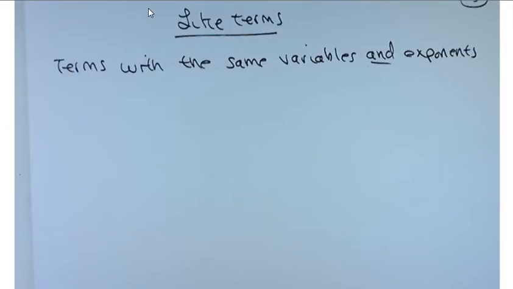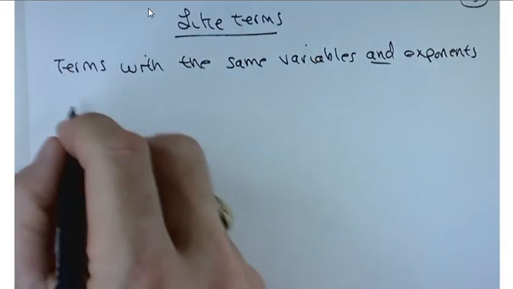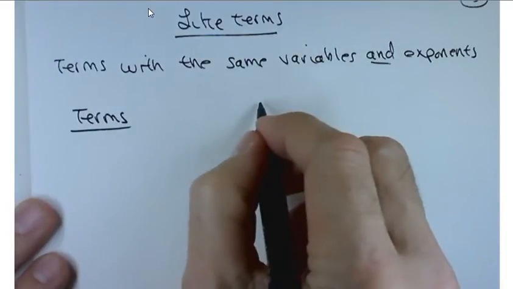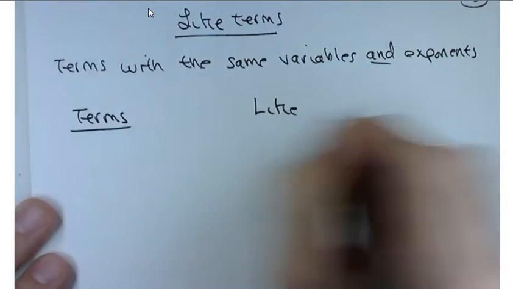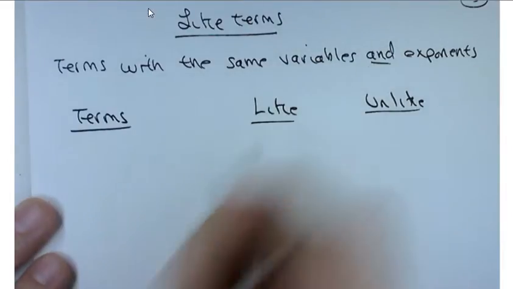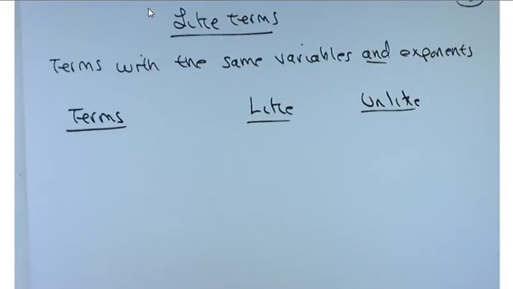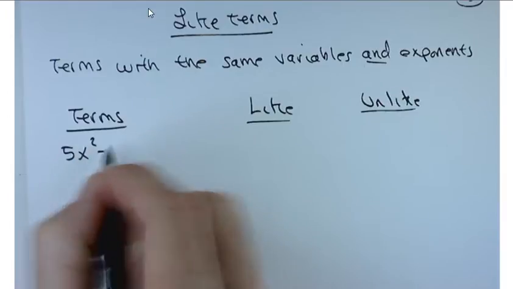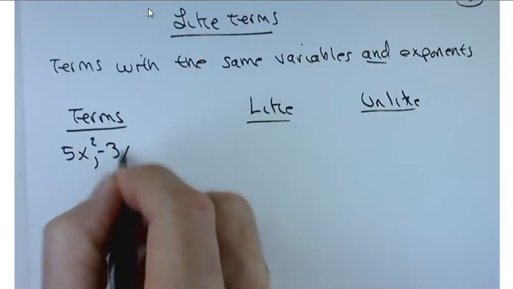And let me just give you a few examples. The goal is to determine whether or not they're like or unlike. Now, in all this, what matters is the variable part. The coefficient part, which is the number out in front, doesn't matter. So I could have 5x squared and negative 3x squared.